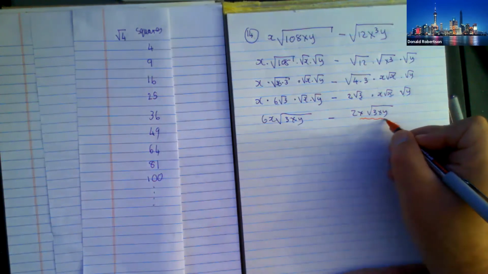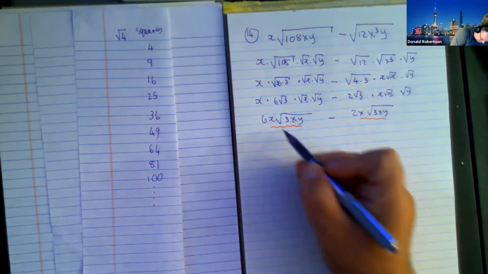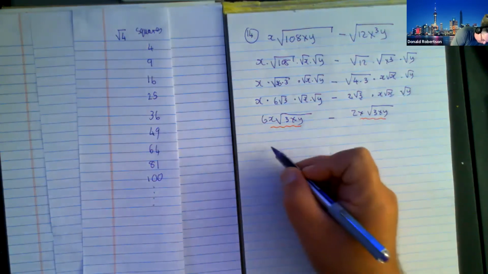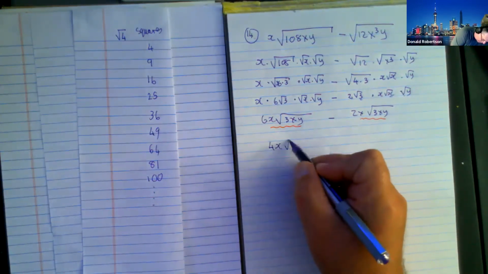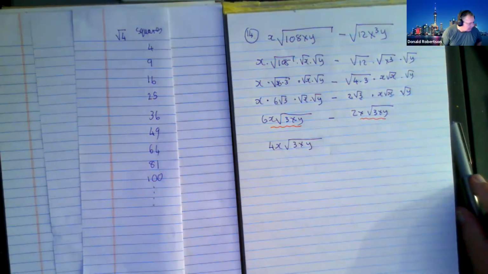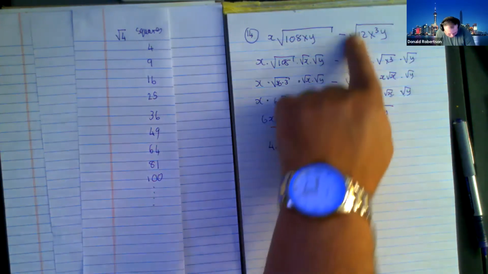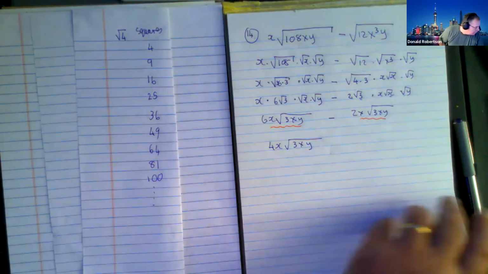And this fella and this fella are similar. So 6 of them take away 2 of them, leaves me with 4 of them. And we have finished combining, in this case adding and subtraction, of quite ugly looking radicals with variables in them.